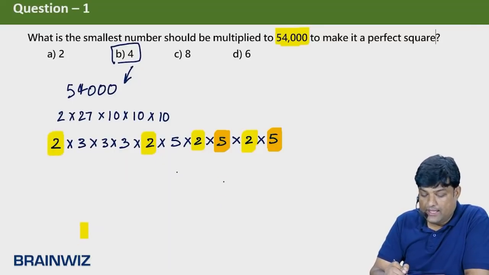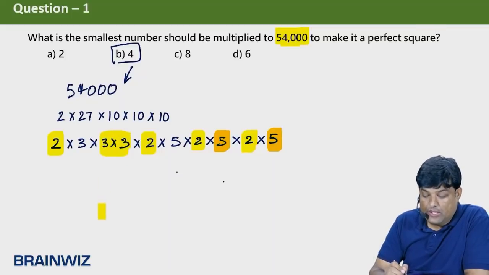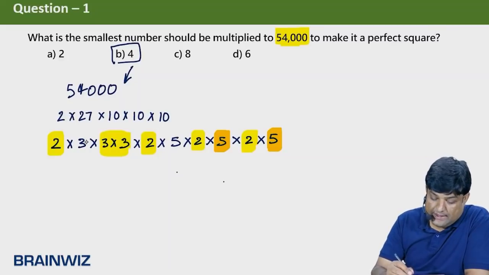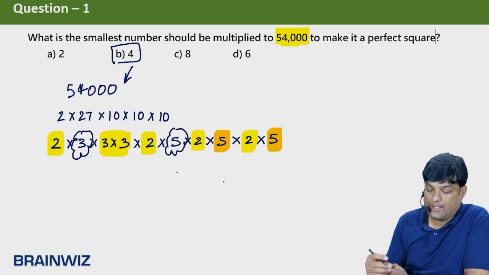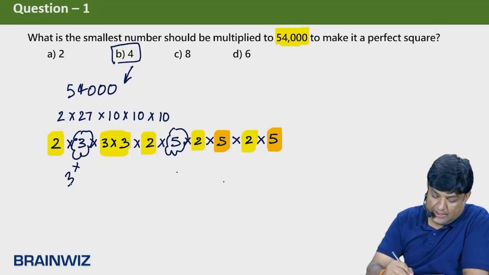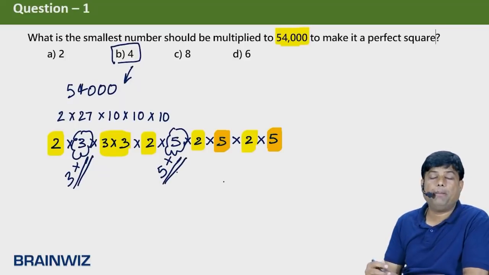This is also okay. Now let's talk about the 3's. These two 3's are matching. Now who is left? I have been left with one single 3, and one single 5. I think you're understanding now. If you have one more 3, then it will become a set. If you have one more 5, then it will be perfectly a pair.